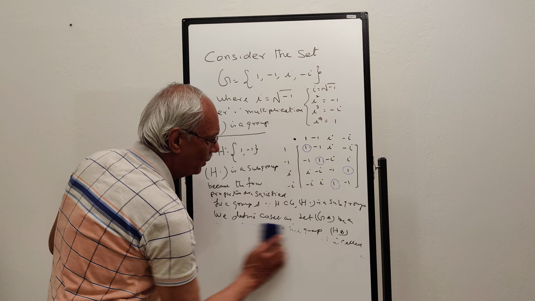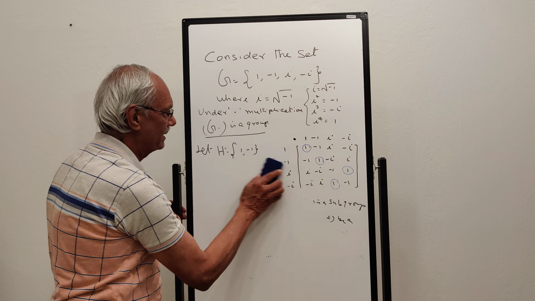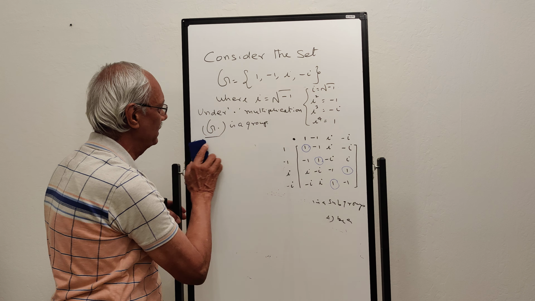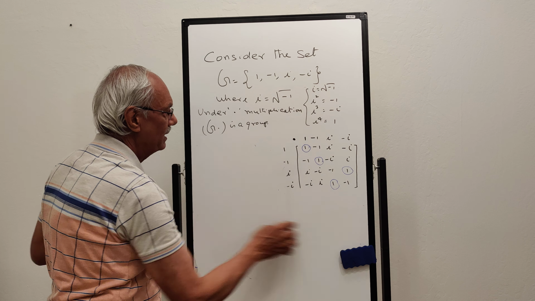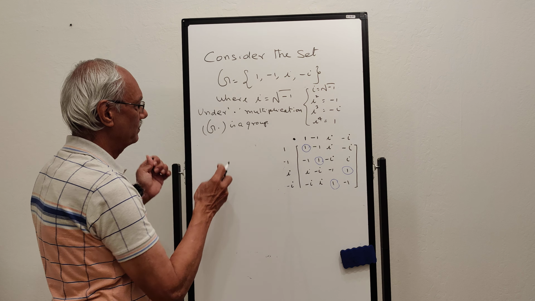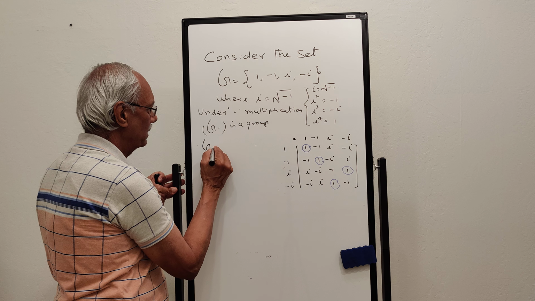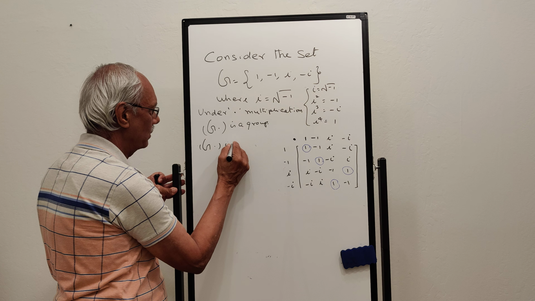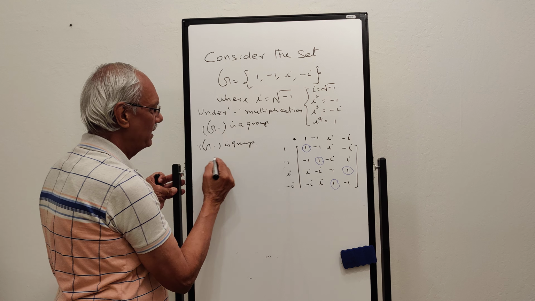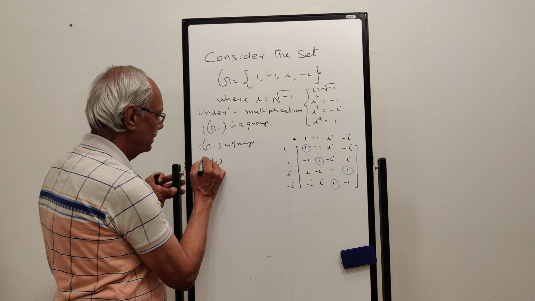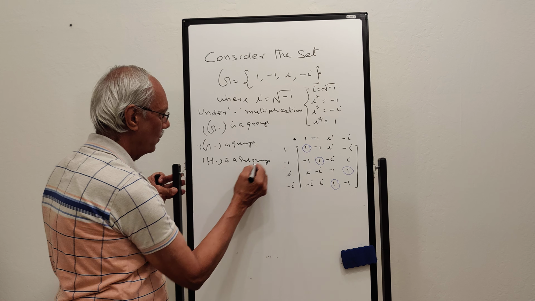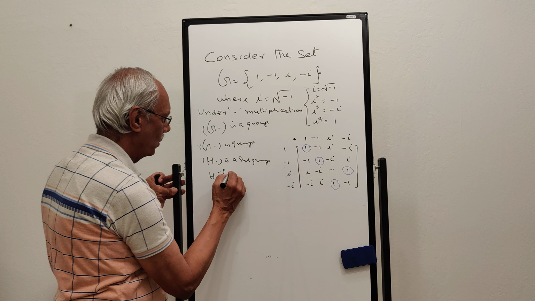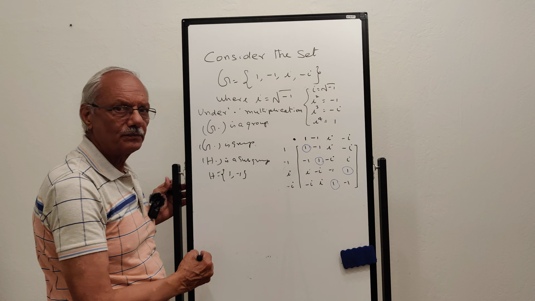Now, in this particular example, G dot is a group and H dot is a subgroup, where H is equal to 1, minus 1.